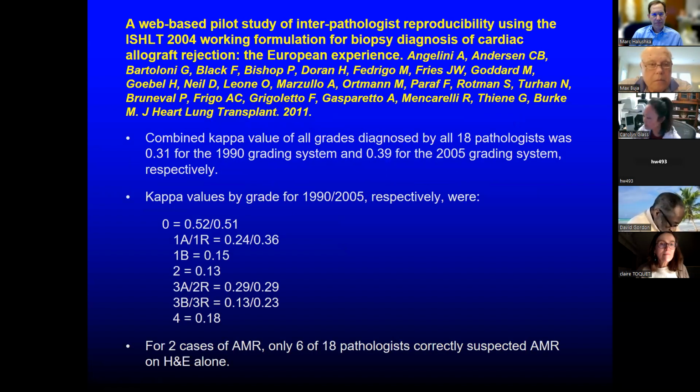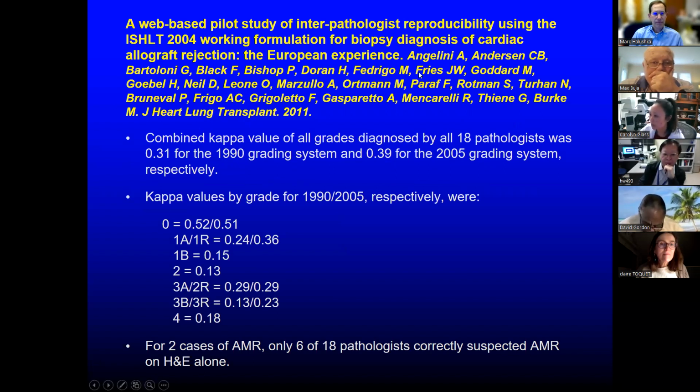So the premise for this machine learning: why do we need a tool? Why do we need machine learning to help us? A lot of these papers or algorithms are going to be based on the logical fact that there's too much inter-observer variability when it comes to certain diagnoses. So this Nature Medicine paper referenced the Journal of Heart and Lung Transplantation consensus paper in 2011, which mainly showed the combined kappa value of all grades diagnosed between the 18 pathologists in that paper was 0.31, which is not so great.